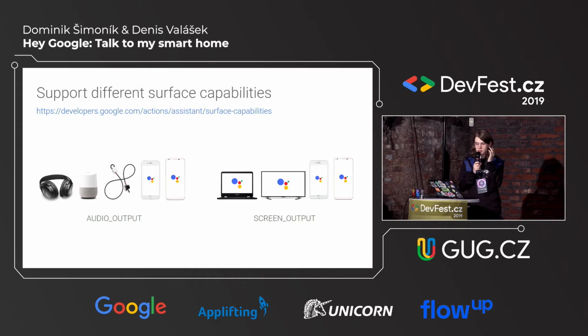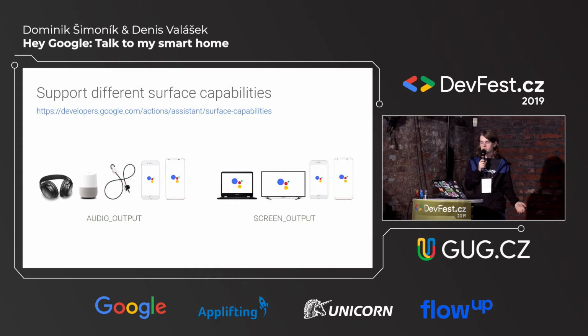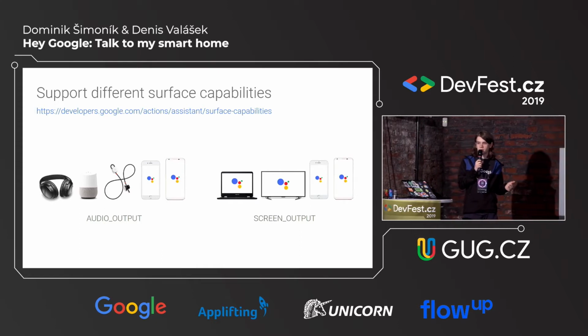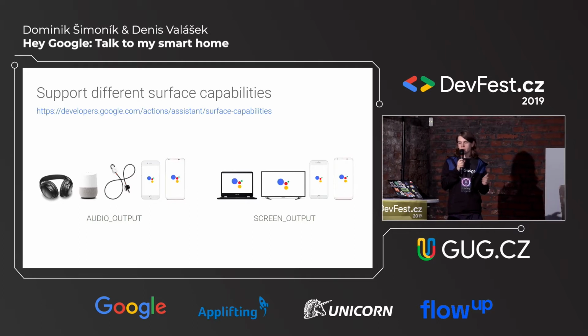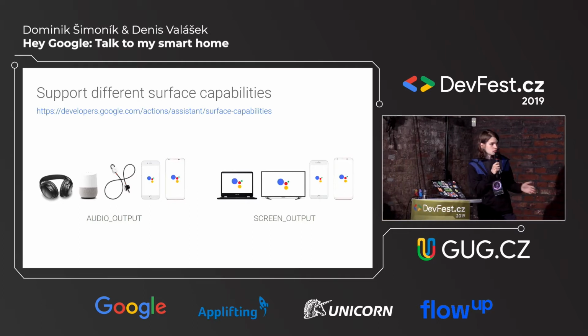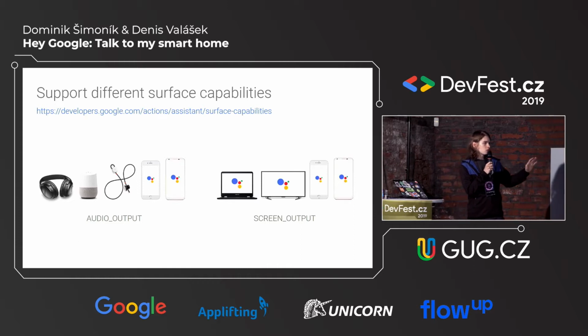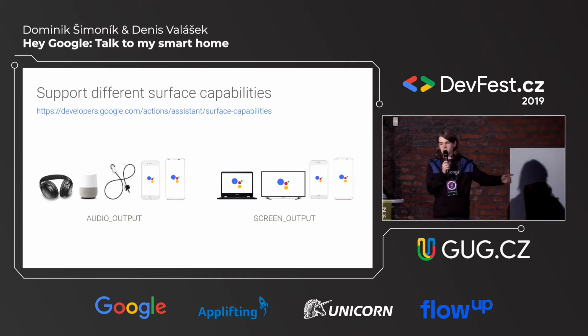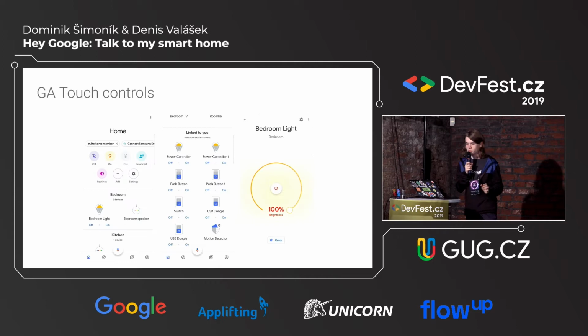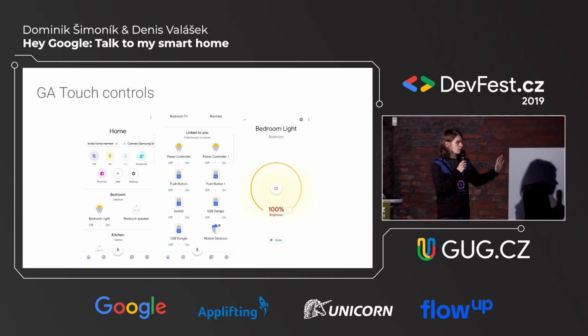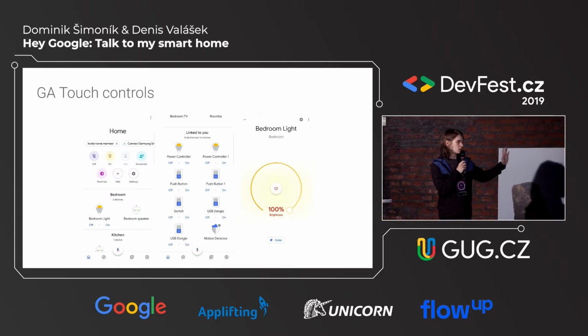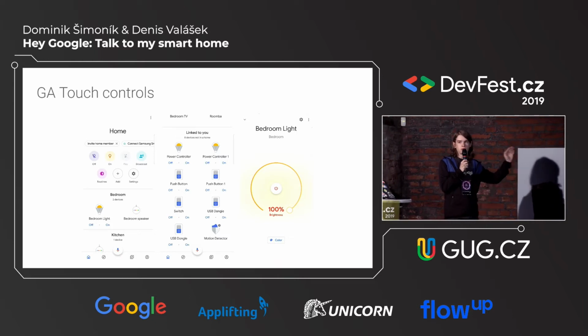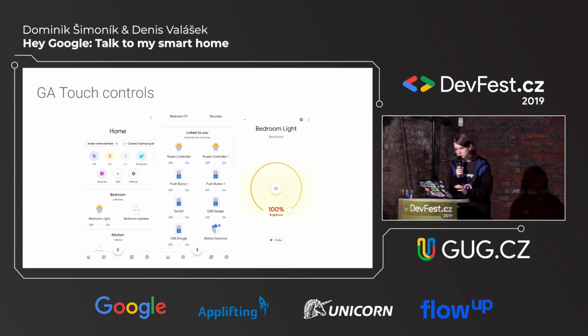But if you have just voice, it's something different. It's a different experience for the user, and it could be a different experience to build. But with Actions on Google Smart Home, you pretty much don't have to care whether you are building for one or the other, because you get the touch controls and the UI for free. So you build it once, and it doesn't matter if the user says it by voice or taps it in the app.